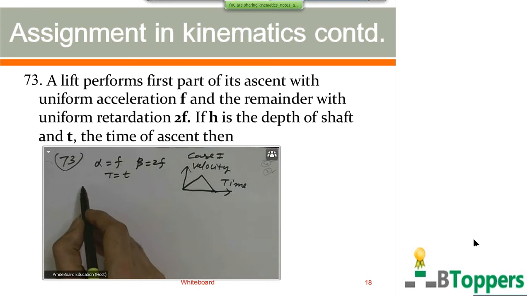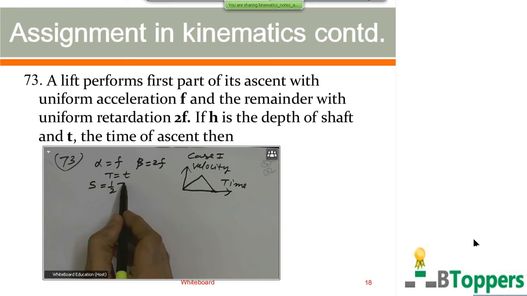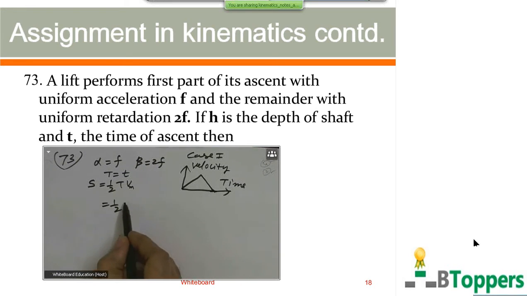That means this problem comes under the same special case which I discussed in the previous class, the first special case in velocity time graphs, where I derived the total displacement. You can write half into total time into maximum velocity. In terms of alpha and beta, you can write half alpha beta into t square by alpha plus beta.